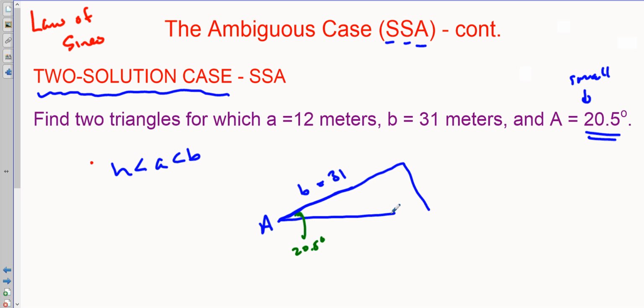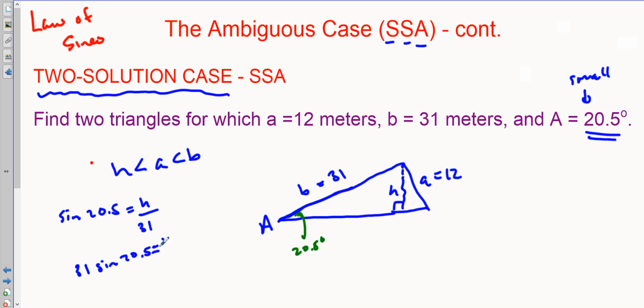If you want to verify this, we can find h, and so we know that the sine of 20.5 equals h over 31, because that's the hypotenuse. So we take 31 times the sine of 20.5, and that equals h.